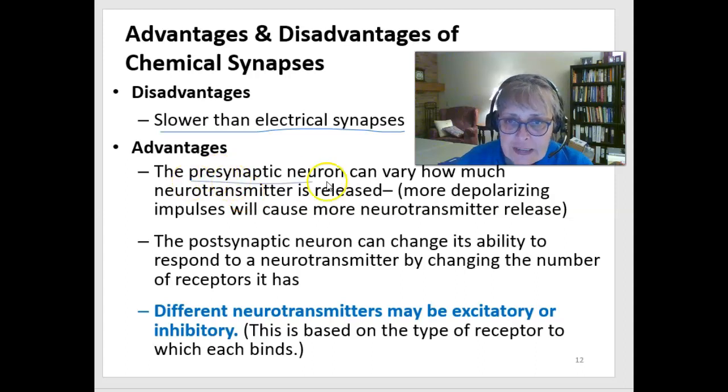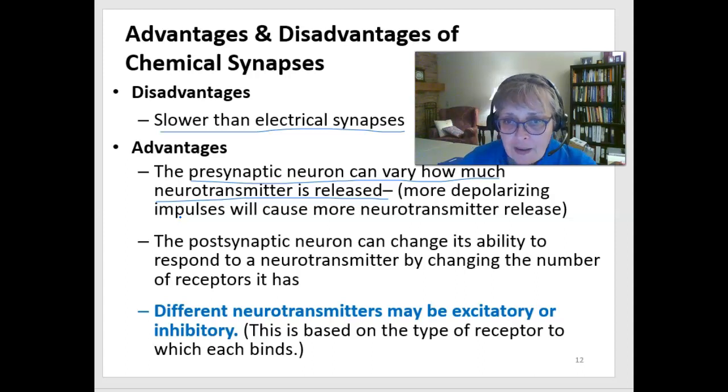First, the presynaptic neuron can vary how much neurotransmitter is released. That happens in a number of ways. One is maybe the neuron just makes more neurotransmitter. Alternatively, the more the presynaptic neuron is depolarized, or the more impulses that travel down the length, the more neurotransmitter will be released. So it's flexible and variable.